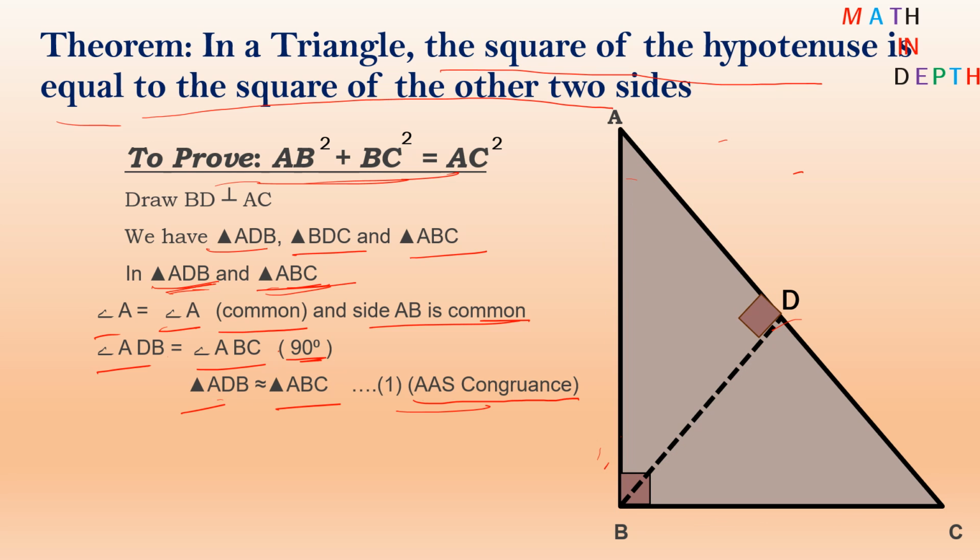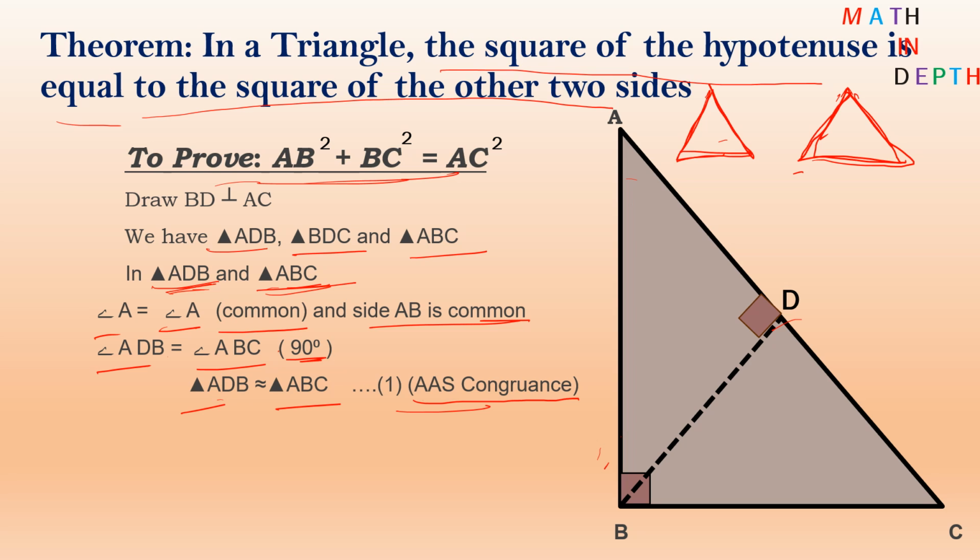Now if we have two triangles and we want to prove these two triangles are similar to each other, there are some ways. What are all the ways through which we can prove these two triangles are similar?